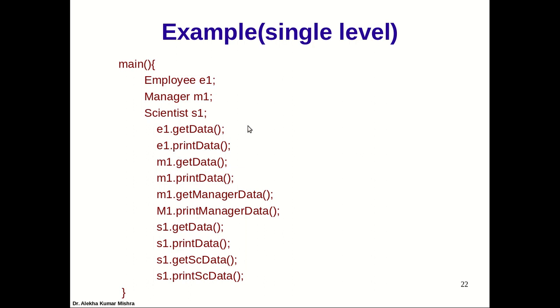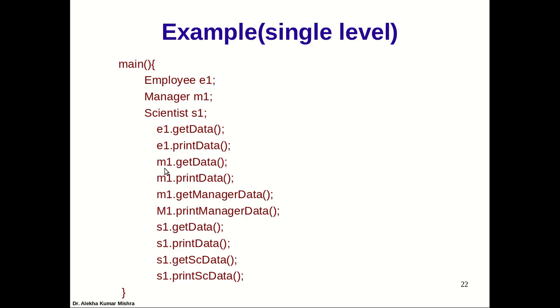So we'll take the input for the employee, that means a name and a number for the employee, and we print it. Now M1 get data. Is get data defined inside the class manager? No. However, get data is a member function of the class employee.